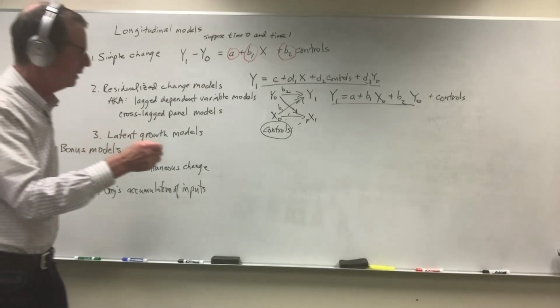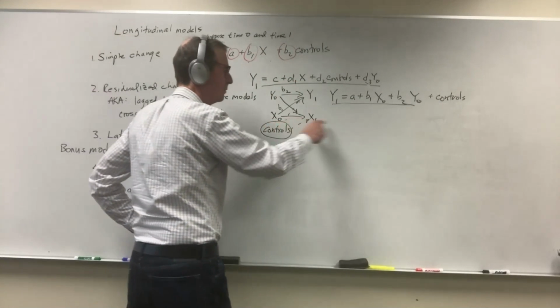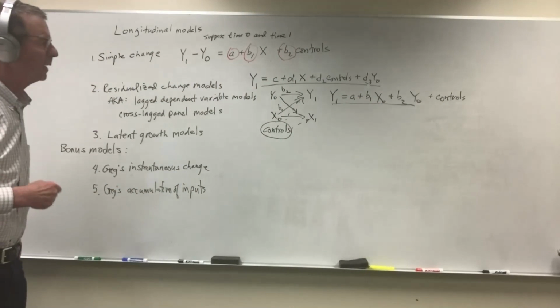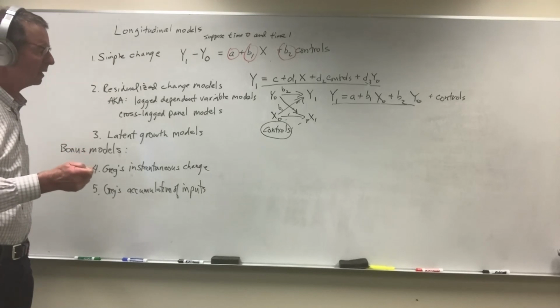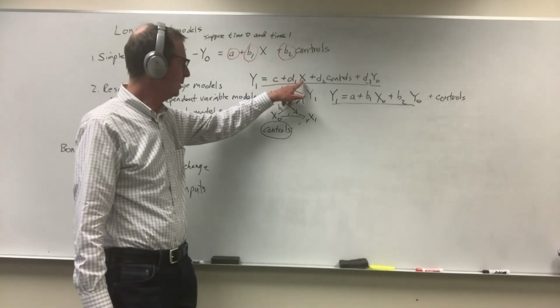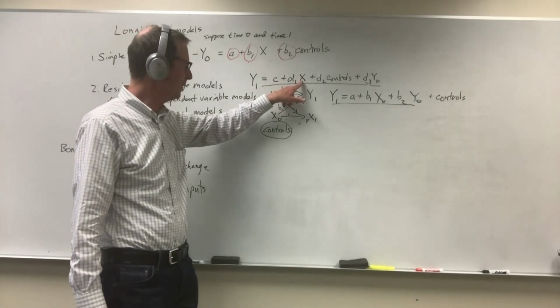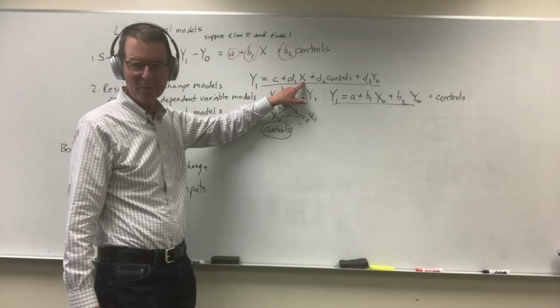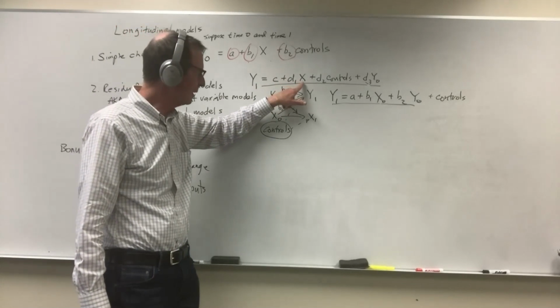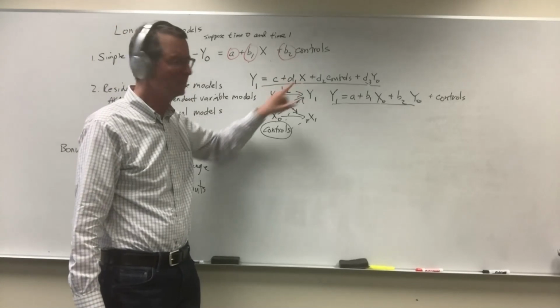In the context of a cross-lagged panel model, it's very explicit. It is X0. But depending on the model, it could be initial X, it could be an average value of X between 0 and 1. That's the accumulation of inputs model we'll talk about. So I'm leaving that a little vague now.